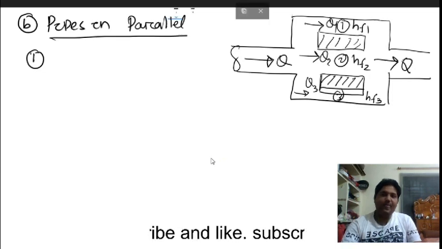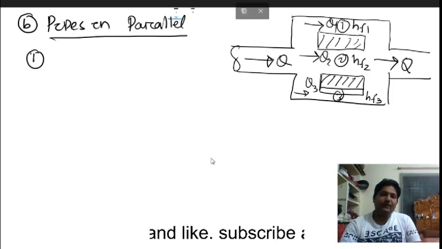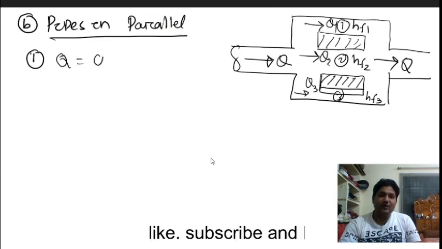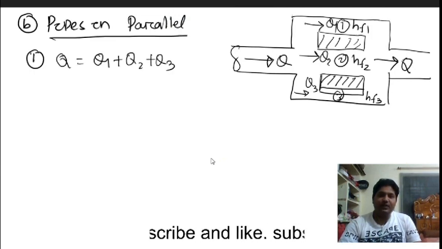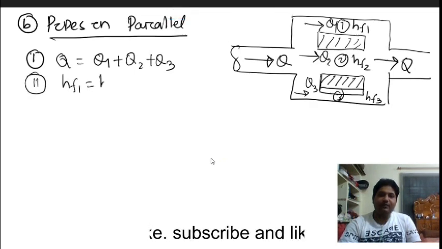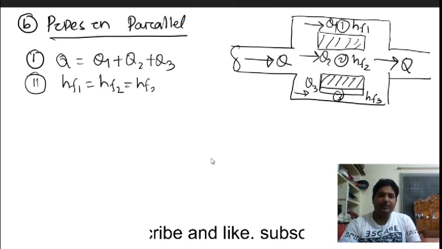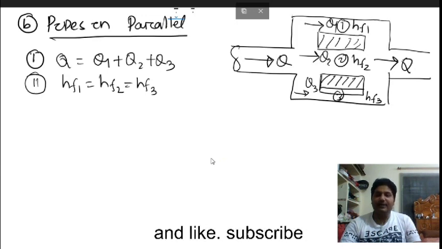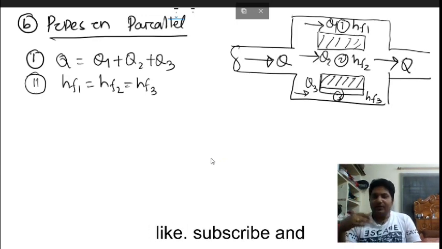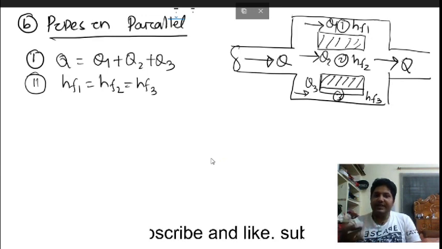Then Q will be equal to Q1 plus Q2 plus Q3, and the head loss in all the parallel pipes will be the same: HF1 equals HF2 equals HF3. By knowing this compatibility equation only, you can derive the relationship.